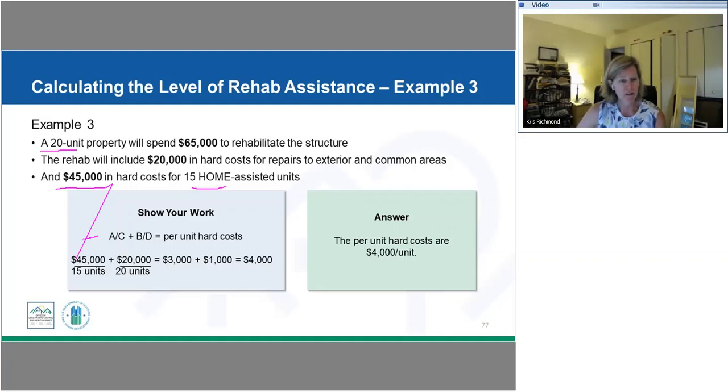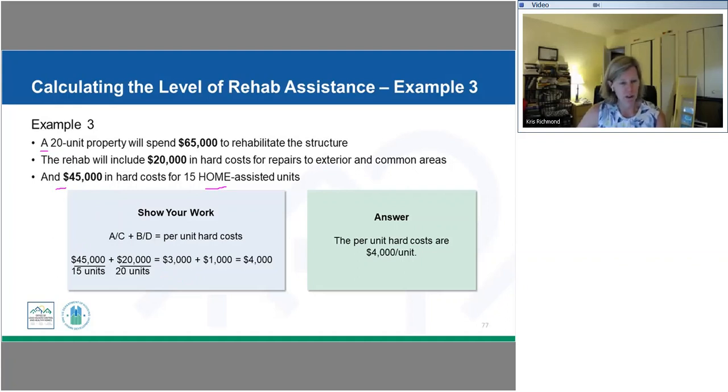That's going to be divided by the number of federally assisted units, which are 15 HOME units. When we divide 15 into 45,000, we come up with $3,000. And then we're going to do the right side of our calculation here.